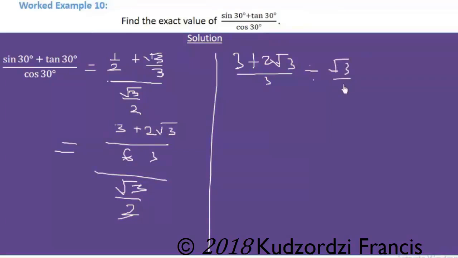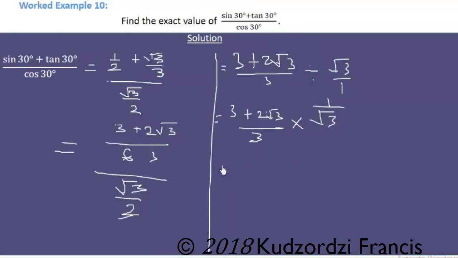That is root 3 over 1. So we reciprocate to get 3 plus 2 root 3 all over 3 times 1 over root 3.